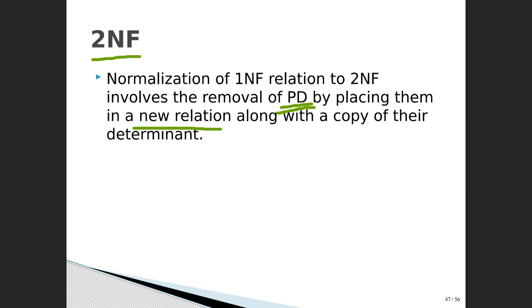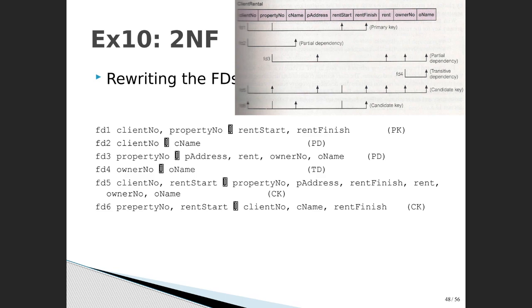Okay, so let's do this. We will normalize the second relation into its second normal form, and we will see what functional dependencies appear in this relation.